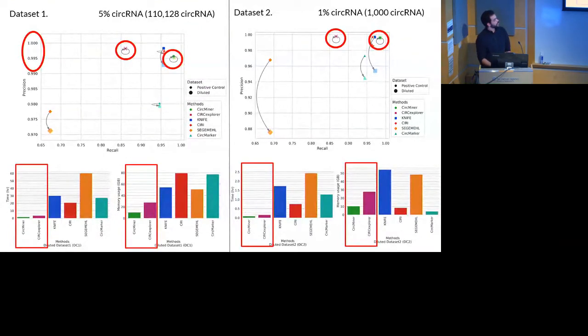Here you can see the results for SIRC-Miner as well as 5 other circular RNA detection methods. You can see the precision and recall for both positive control and diluted data sets. And for each of the methods, an arrow is connecting the positive control results to the diluted results.